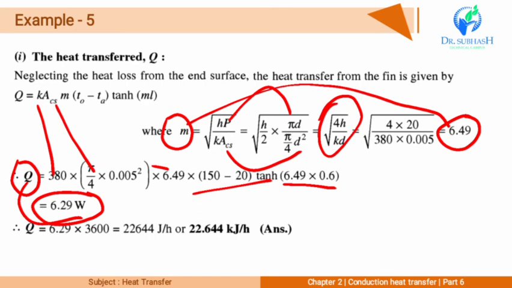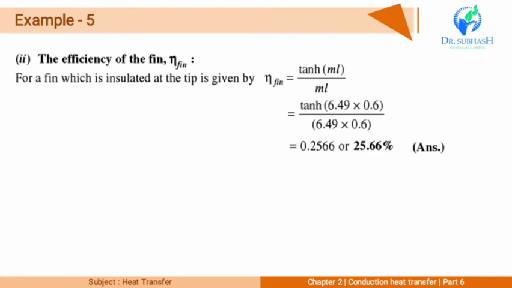Now from this value of Q, we can convert this value into kilojoule per hour. So 6.29 multiplied by 3600, so 22644 joule per hour, or we can say that 22.644 kilojoule per hour.